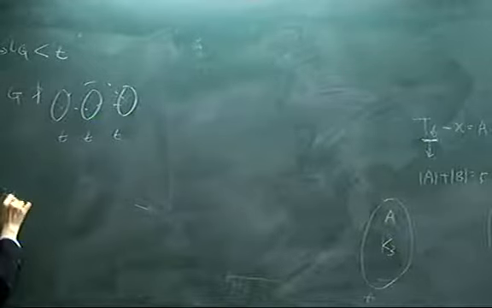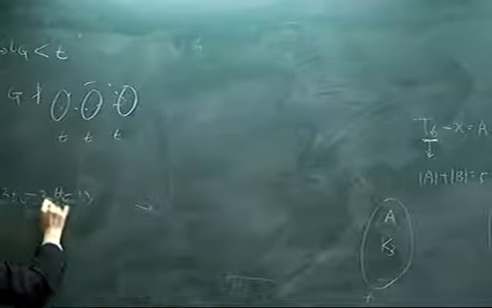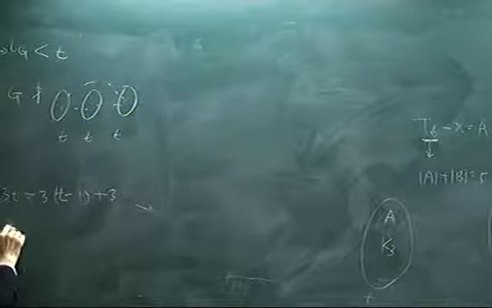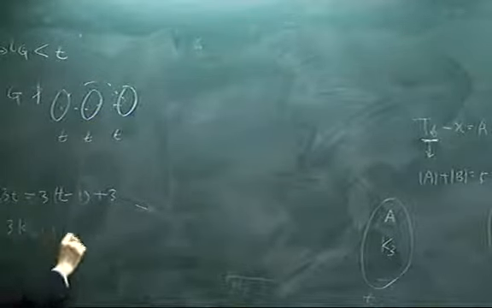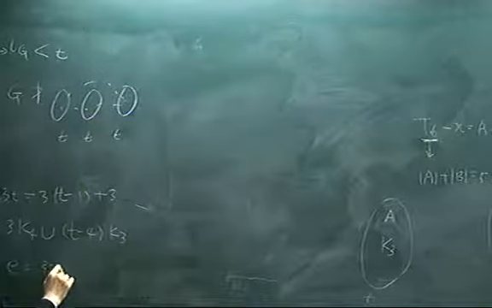Then by Turán's theorem, that should turn out to be 2t. This time n is 3t. So if you divide into t minus 1 parts, you have 3. So the extremal graph is like 3K4 union (t minus 4) K3. And E is 3t plus 6.